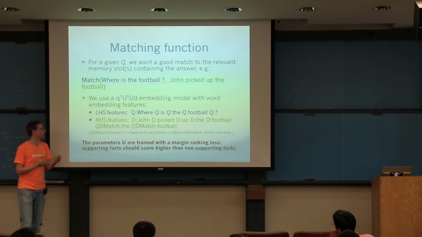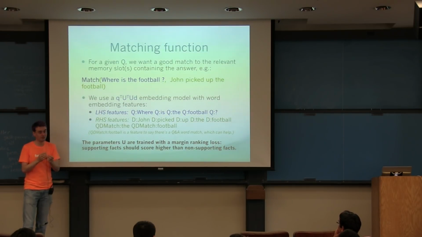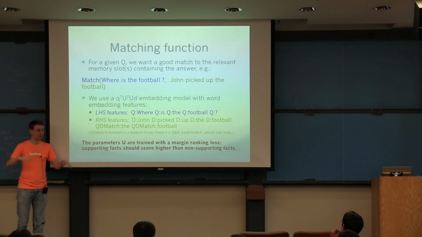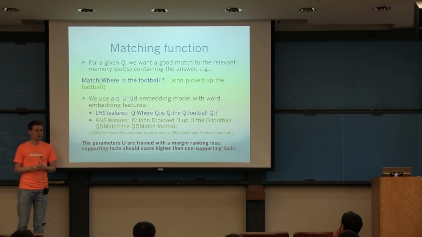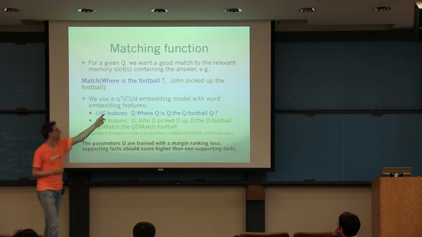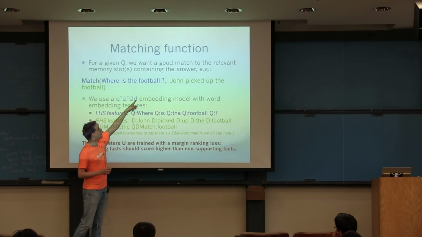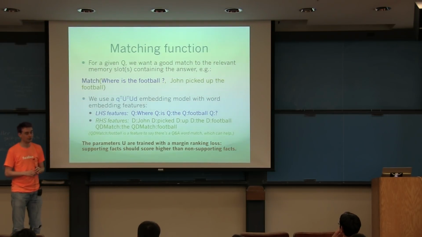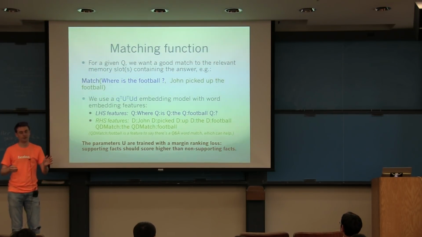So that means we're going to have the whole dictionary of words times 3. Let's say the dictionary is 1,000 words or something. We're going to have a 3,000 dimensional vector Q and a 3,000 dimensional vector D. And then U is going to be like 3,000 by, say, 50.